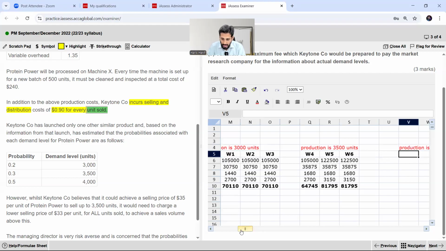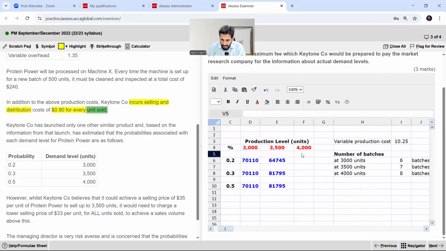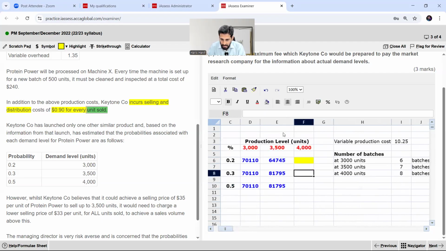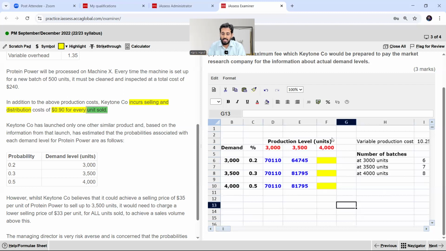Right now, see that for all these three selected cells with yellow color, there is a production of 4,000. So that means units produced but not sold. You have to produce 4,000 units in all these three circumstances, right?